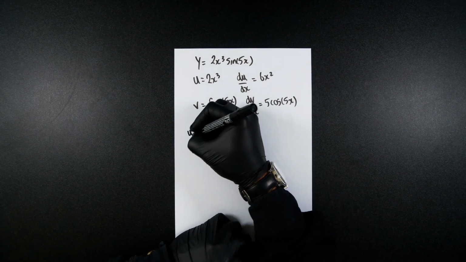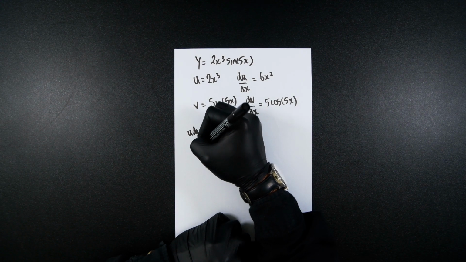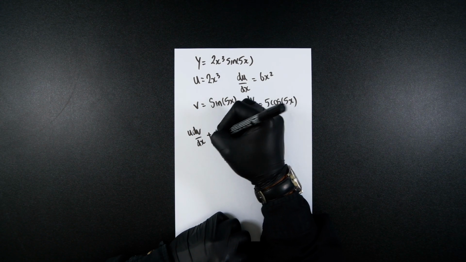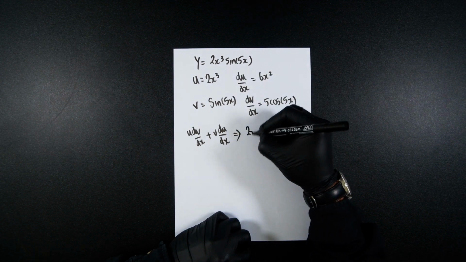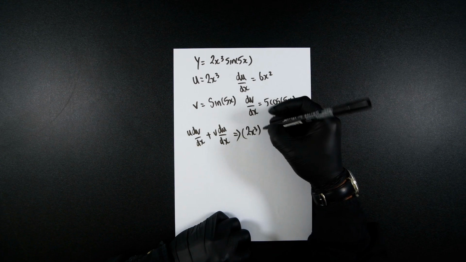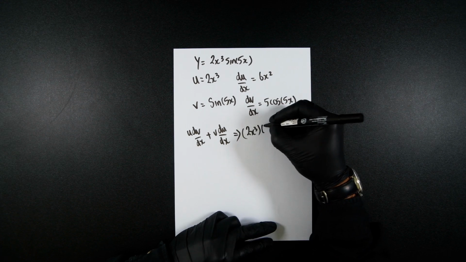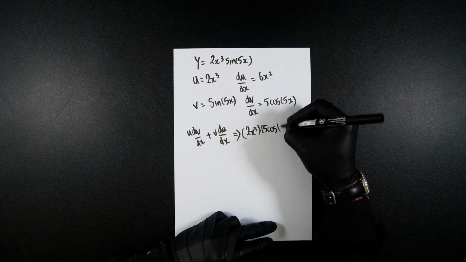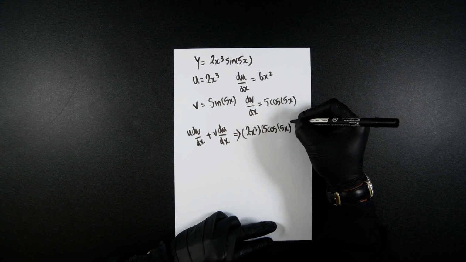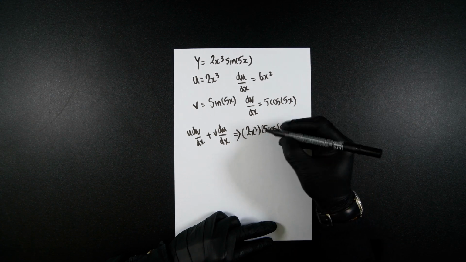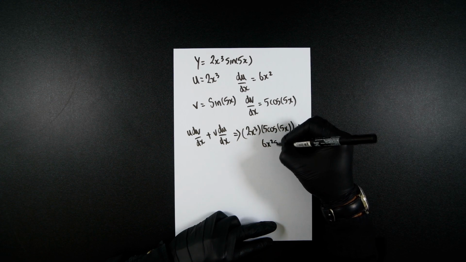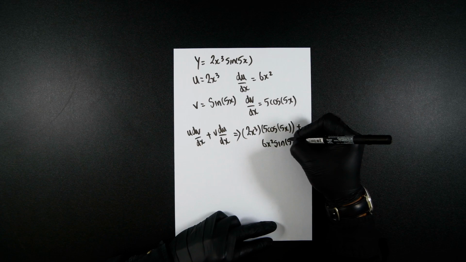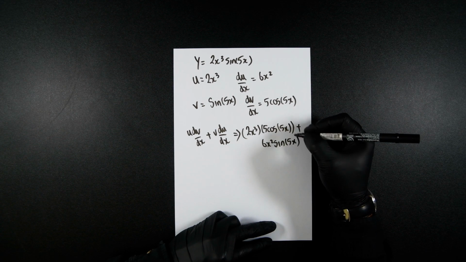So now we can plug this in to our product rule. So u would be 2x cubed and dv dx would be 5 cos 5x plus v du dx, which is 6x squared sine 5x.